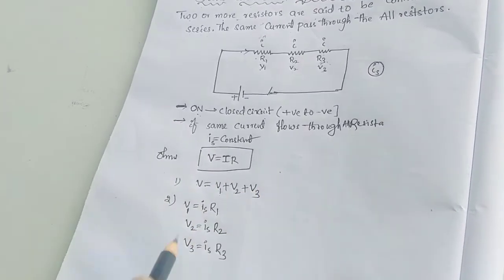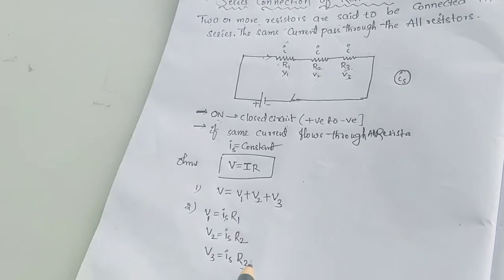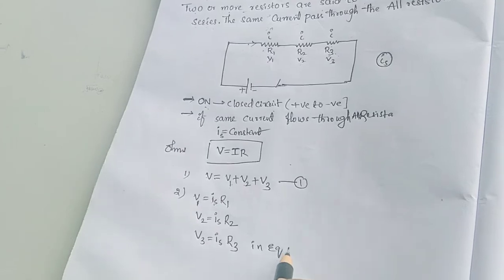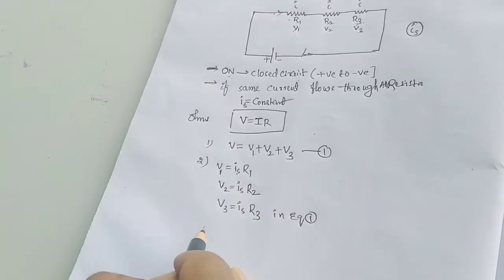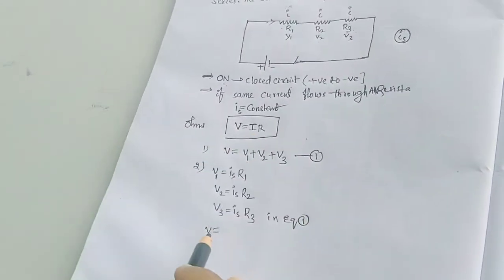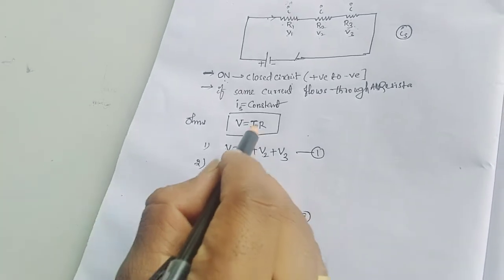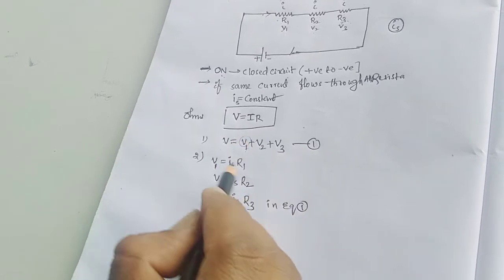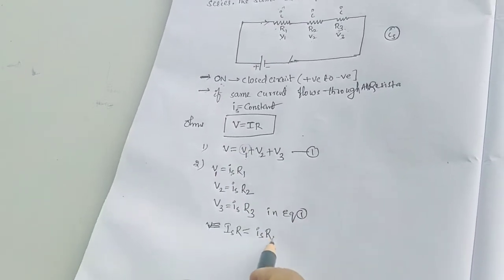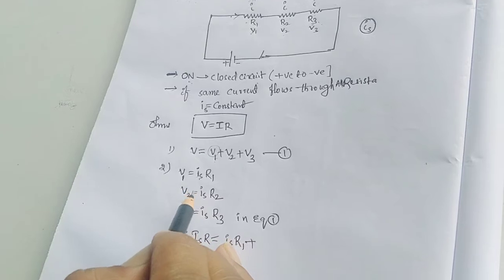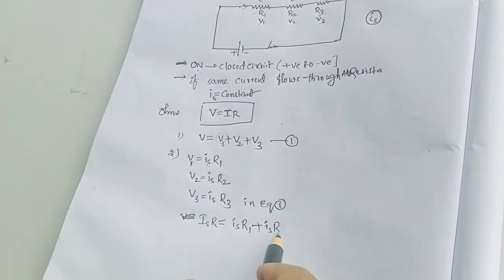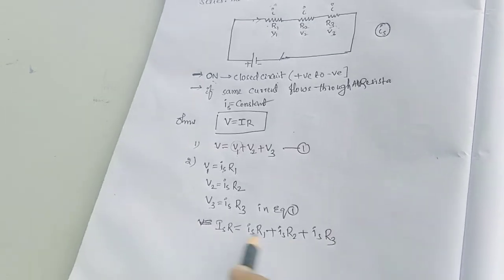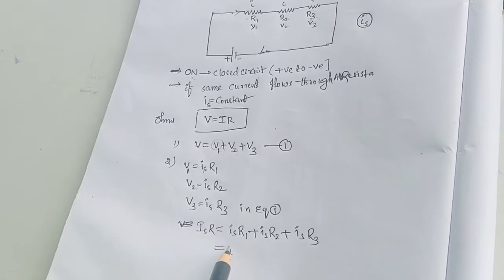Then we substitute these three equations in equation 1. What will we get? V is equal to IR, that means Is into R. V1 is equal to Is into R1, V2 is equal to Is into R2, V3 is equal to Is into R3. Have we a common Is? Yes, Is is common.